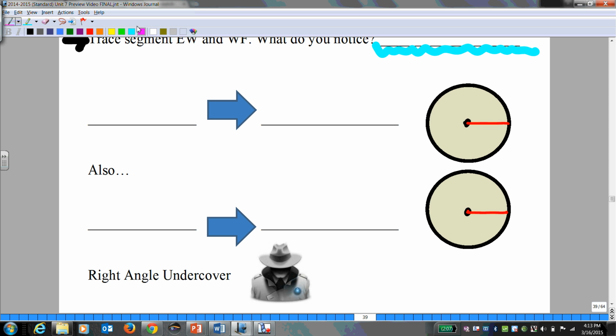Now I'd like you to draw a chord which is perpendicular to that radius. And here I'd like you to draw a chord so that the radius cuts it in the middle.